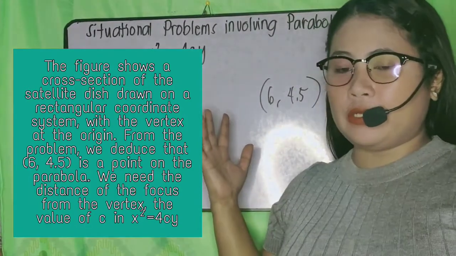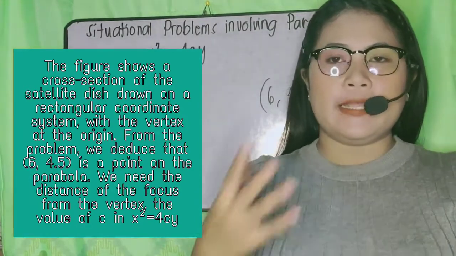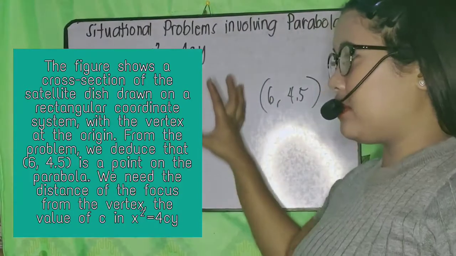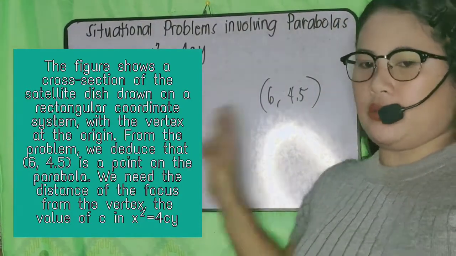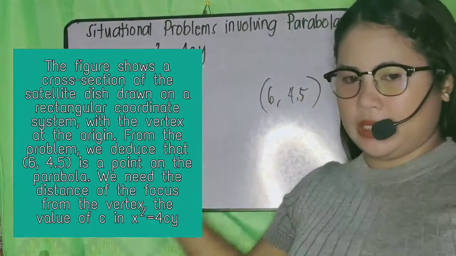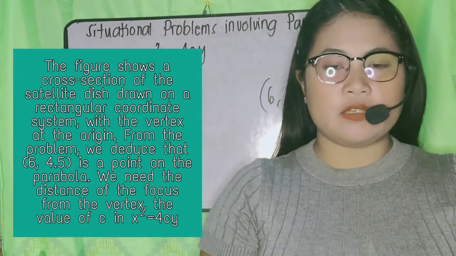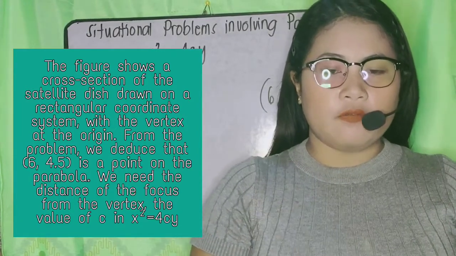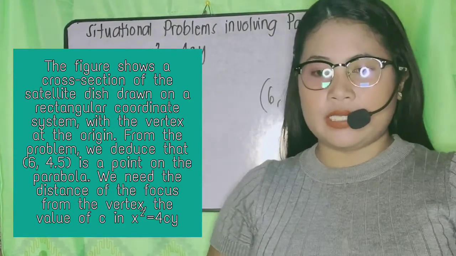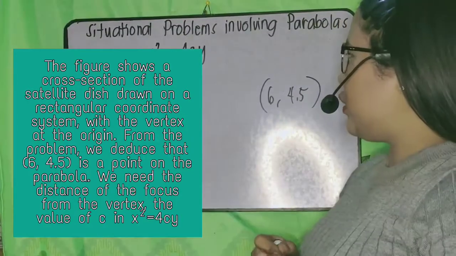Saan po nakuha yung 6? Doon po sa 12 feet across. Hati po, di ba, yung kanina graph. So half of 12 is 6. Okay? So negative 6 and then positive 6. So we need the distance formula. So we're going to find the distance of the focus from the vertex. So gamitin natin yung c.